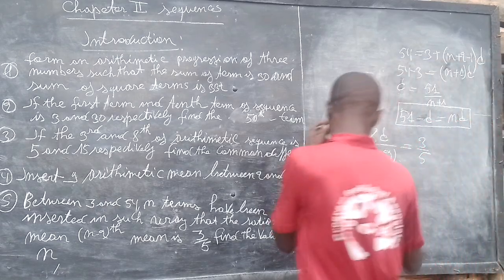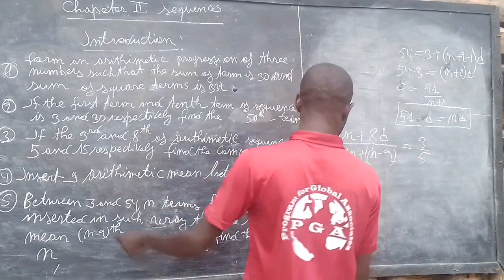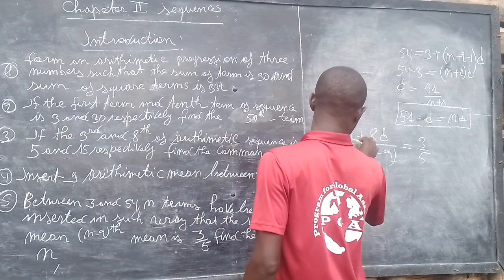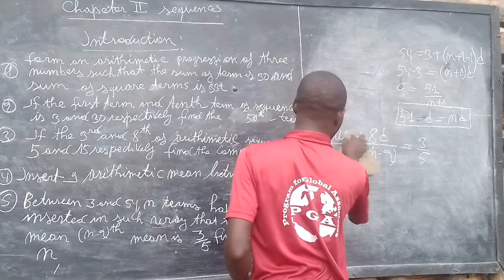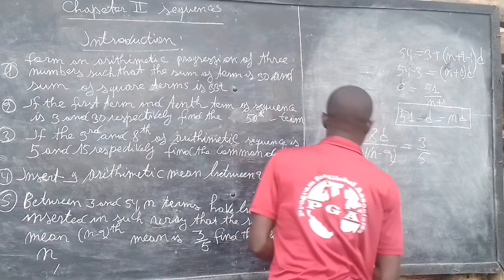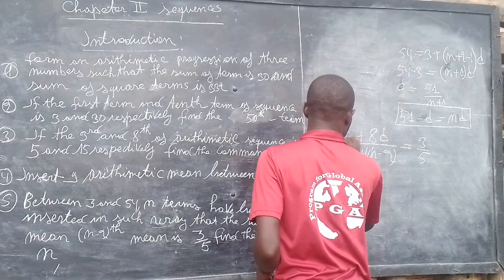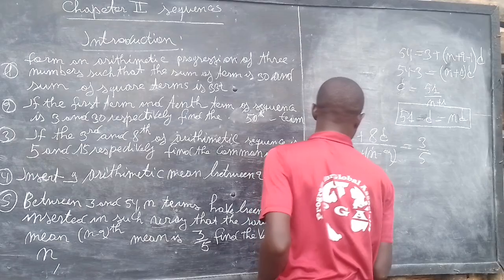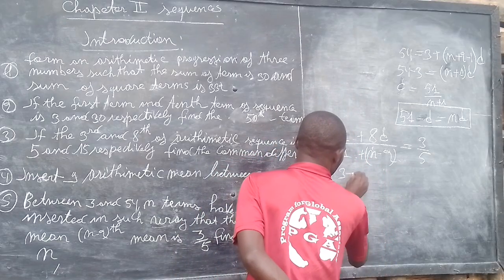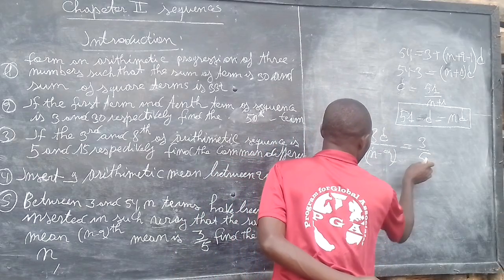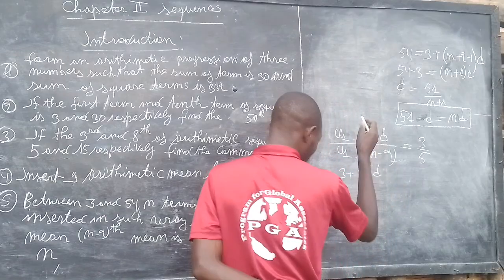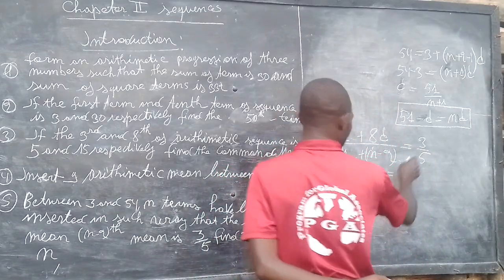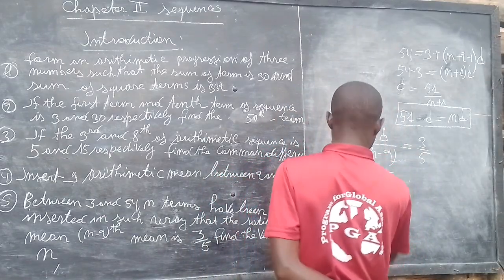So here you see that we have u1, let's replace this by u1. Here we have u1, and also here u1. So here we have a 3 plus, cross multiplication, 40d, which is equal to, here we have a 3.